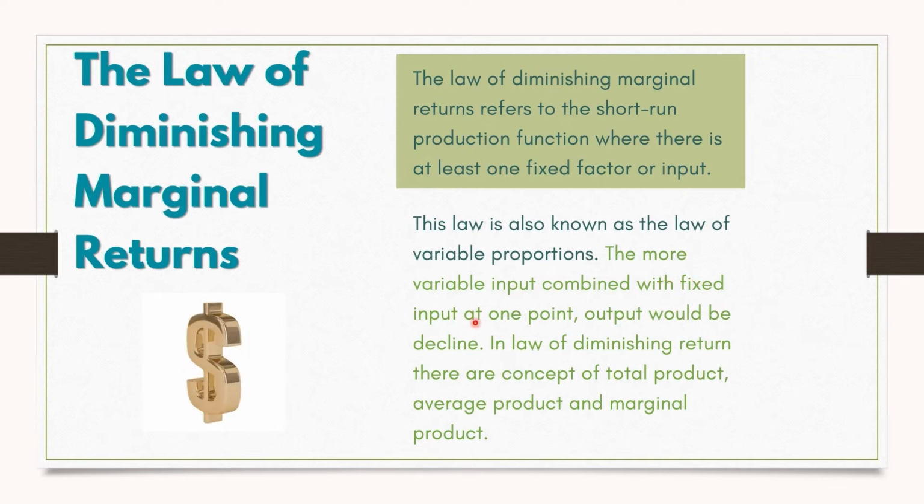Okay, this sentence means that, for example, we only have one brain, but then our lecturer keeps giving lectures for a long period of time, continuously giving lectures, for example, from 8 a.m. until 7 p.m. Our brain is the fixed input, while the lecture that the lecturer is giving is the variable input.